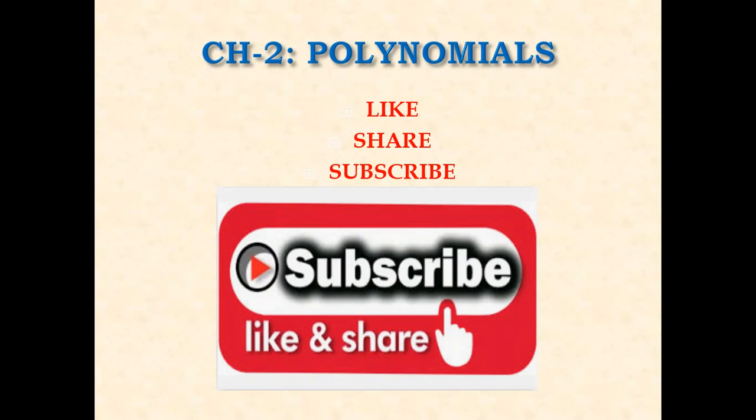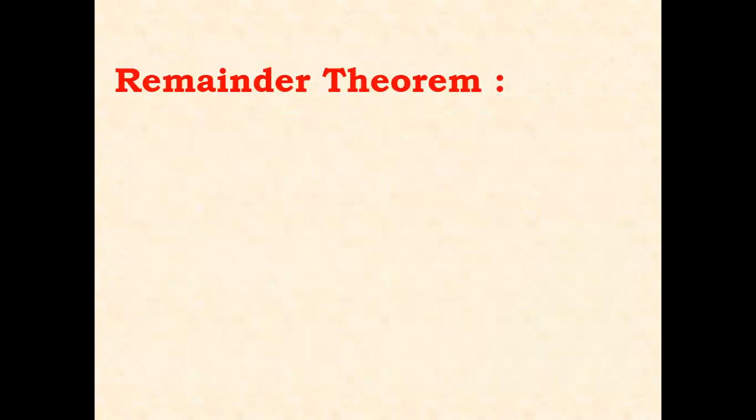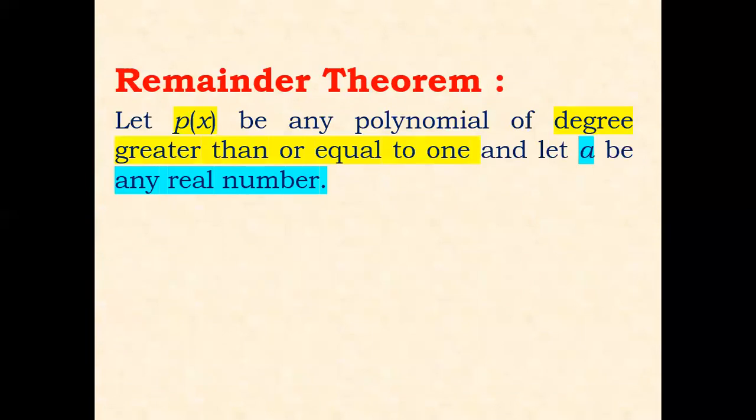So let us begin with the very first slide. This is the recap of remainder theorem which we have discussed in the previous lecture. Let P(x) be any polynomial of degree greater than or equal to 1, and let a be any real number. So P(x) could be a linear polynomial, a quadratic or a cubic polynomial, and the degree is greater than or equal to 1.